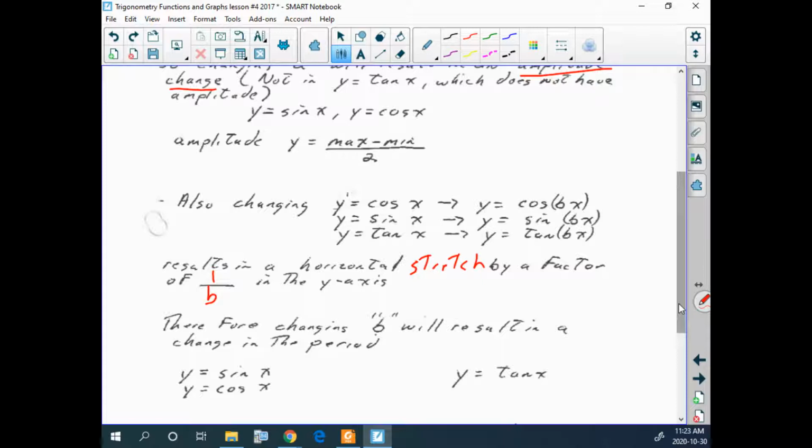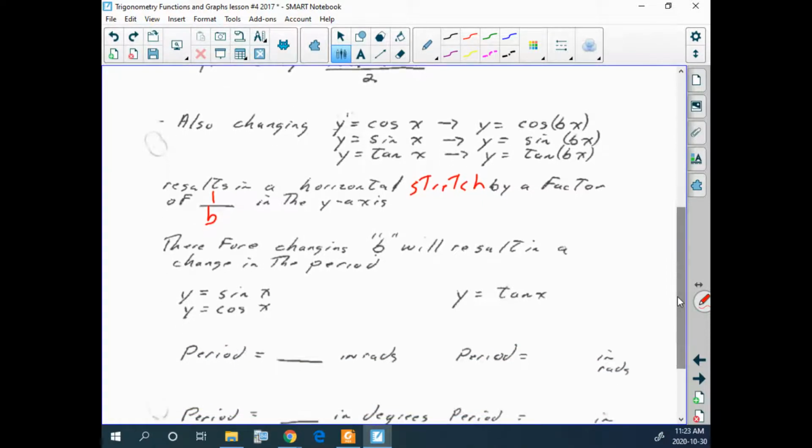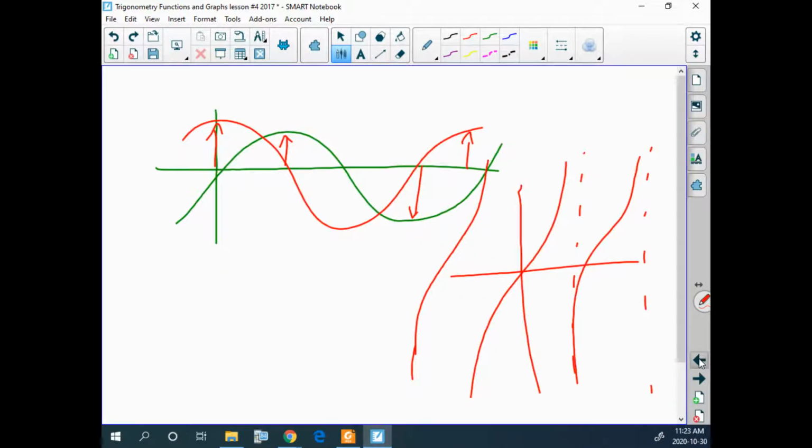So my period is going to be affected by 1/2. 2 pi becomes pi. And again, in sine and cosine, we never really talk about horizontally flipping it because of the symmetrical nature of sine and cosine. They're both symmetrical. How can you tell you horizontally flipped it? I take this graph, I flip it over there, it looks like it's the exact same graph.